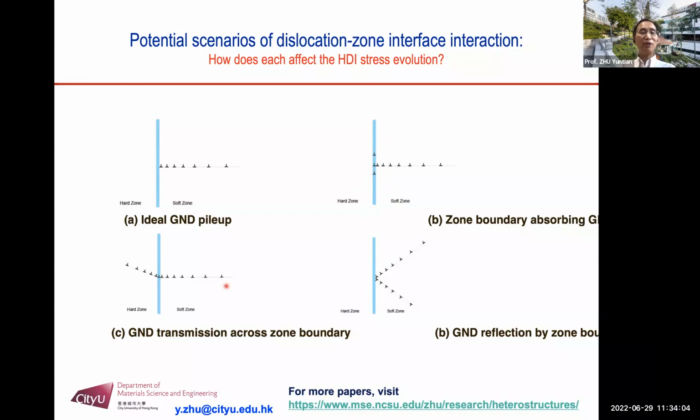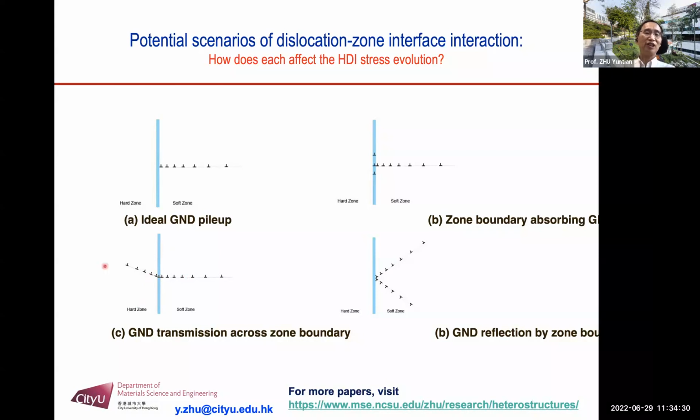And the third type is all the GNDs piled up against it, but at the boundary it pushed across it into the hard zone. One example is if this is not a zone boundary, it's a grain boundary, you can push them through. Okay, this will leave a residual dislocation at the boundary.